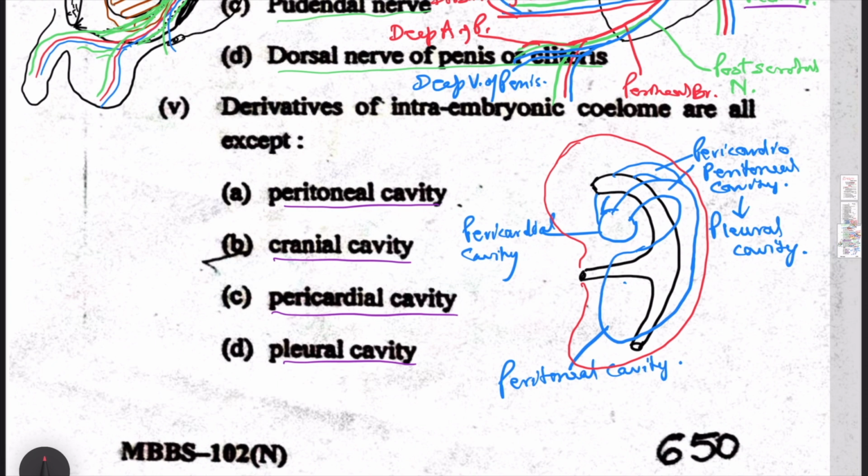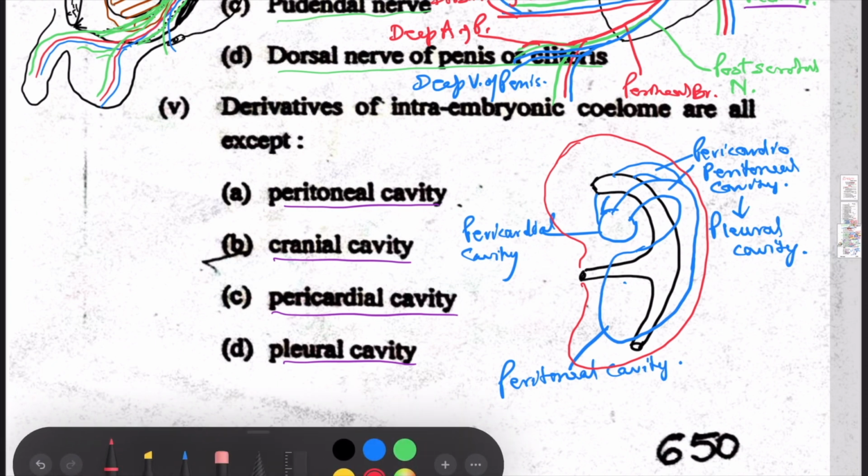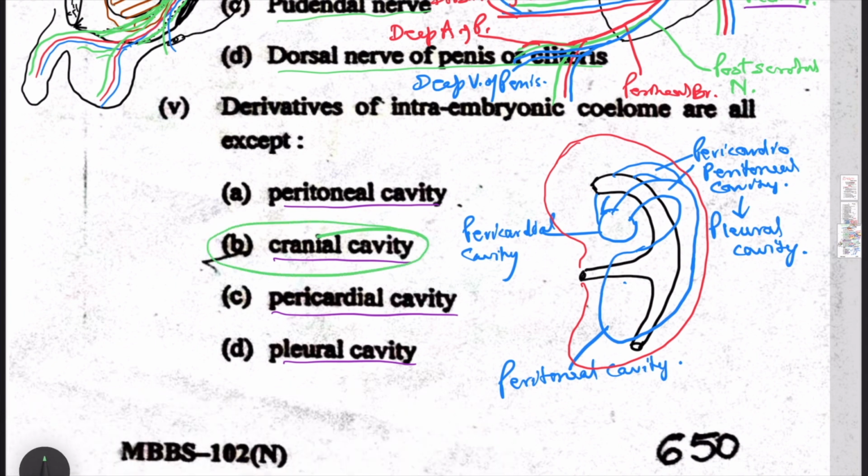Now, what about the cranial cavity? The cranial cavity is derived secondarily. The fetal brain is very delicate, and during its development, flat bones are formed very early in intrauterine life to cover the developing brain, and gradually the brain is enclosed by bony apparatus from all sides, and that is called the calvaria.